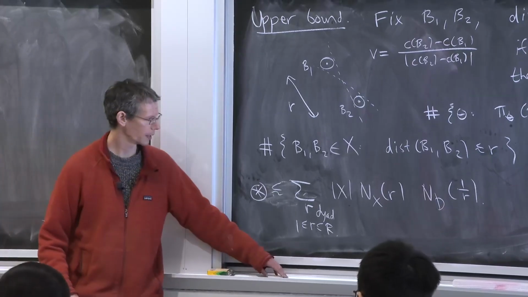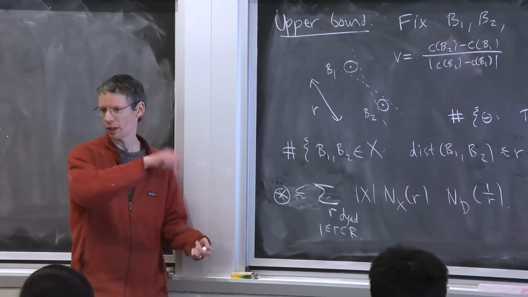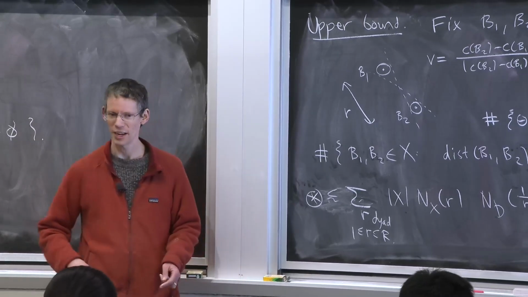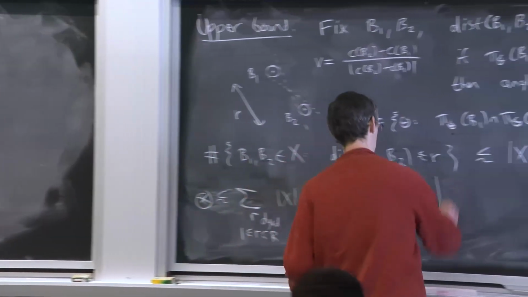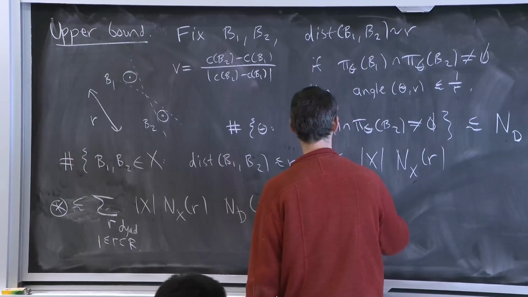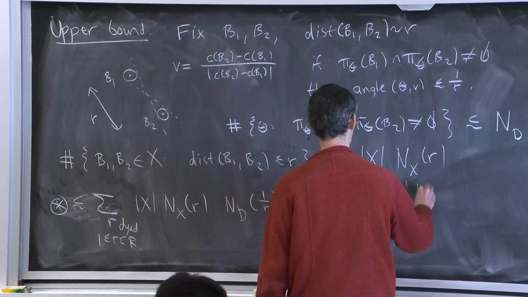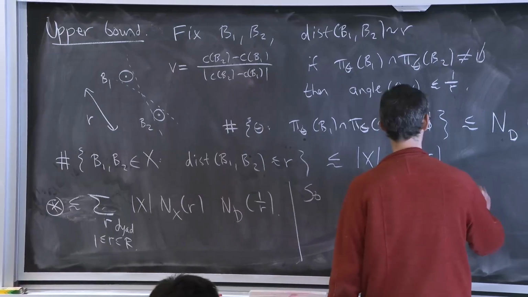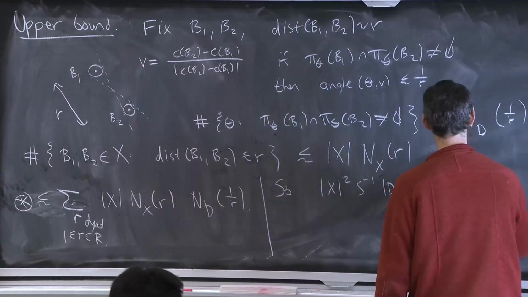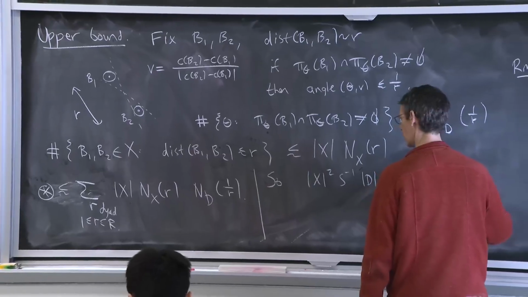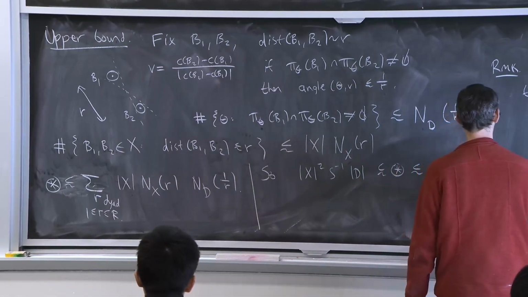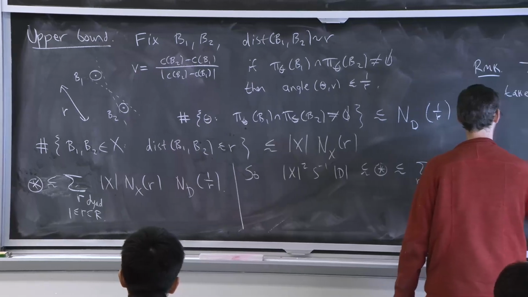OK. The rest is algebra. I'll sketch it quickly on the board, and that'll be the end of the proof, and then we'll pause to digest and check it. OK. So altogether, we have x squared s inverse d is bounded by star, which is bounded by the sum over r dyadic of x and x of r and d of 1 over r.